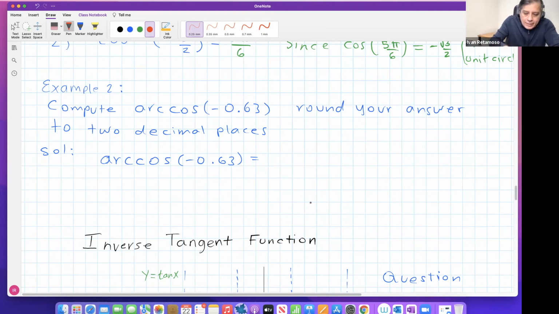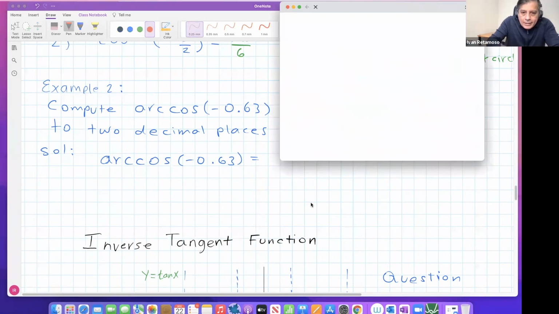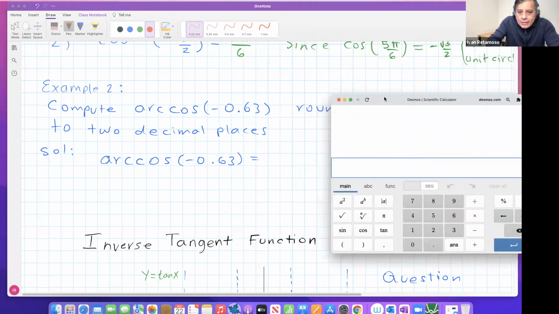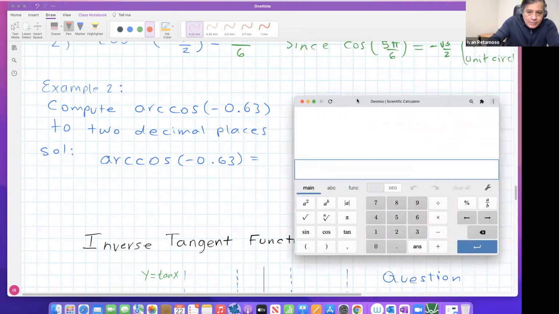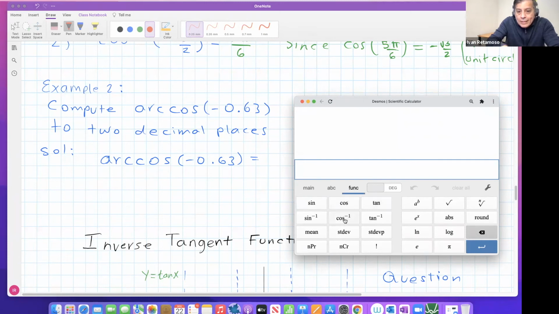Well, simply we take our decimal scientific calculator, or any scientific calculator of choice, and look for arccosine, but we know that arccosine is the same as cosine inverse, right? Cosine inverse. And then we type the real number, negative 0.63. By default, my calculator gives the answer in degrees, but mathematicians want this answer in radians.